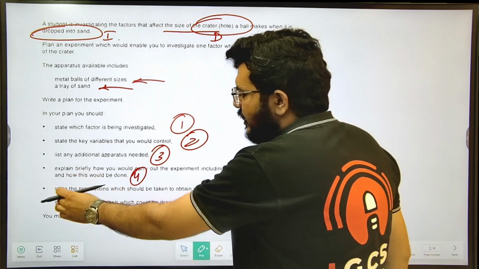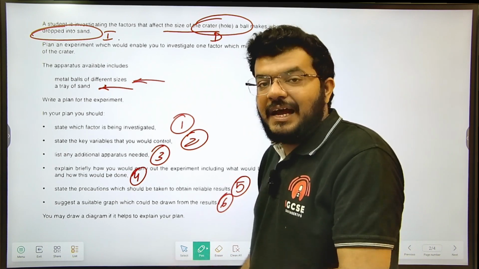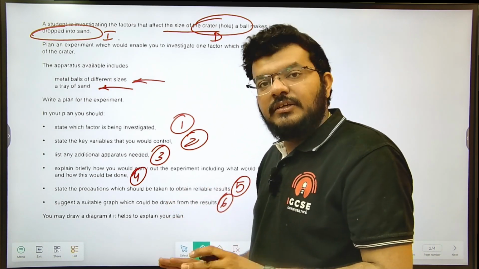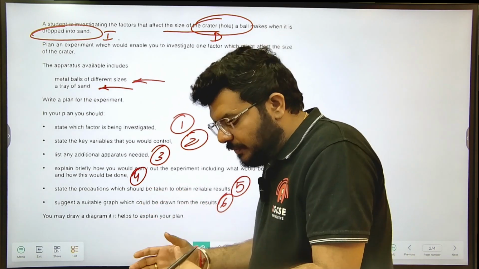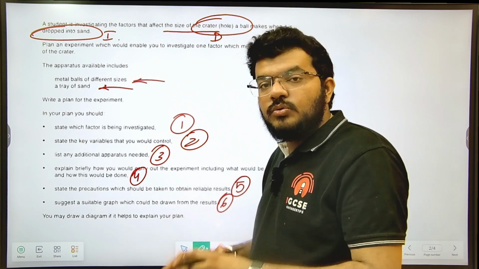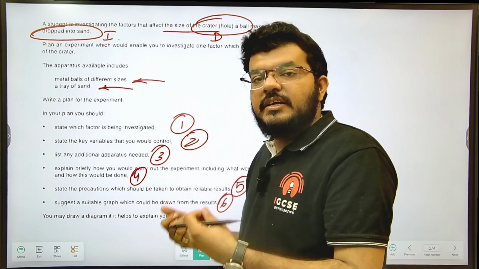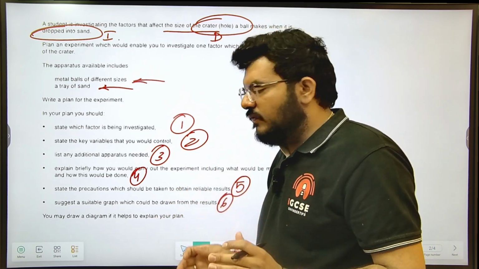Then state the precautions which should be taken. So I should always make the sand flat again. Otherwise, previously there was a crater, and if I drop a ball again, the crater might be larger because the sand is loose there, or there is already a crater. Don't measure the depth of the crater here, it becomes difficult, right?